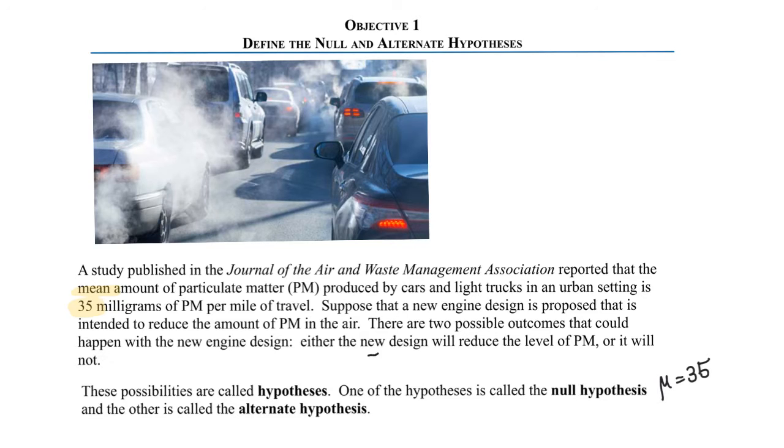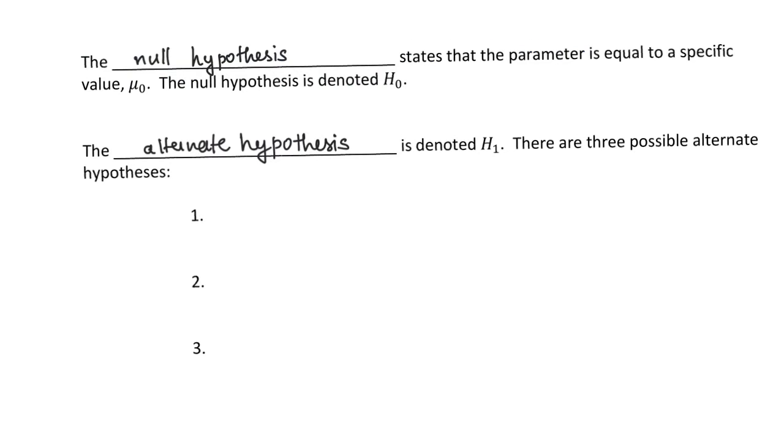The new design will reduce the level of PM. So the alternate hypothesis says that the new design will reduce the level. So mu will be less than 35. Reduce means it should be less than 35.